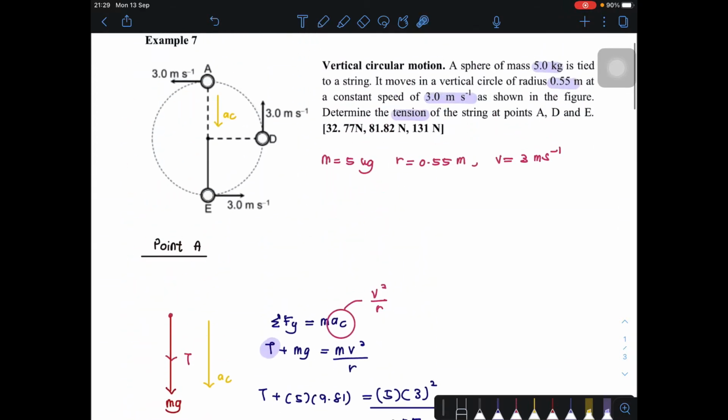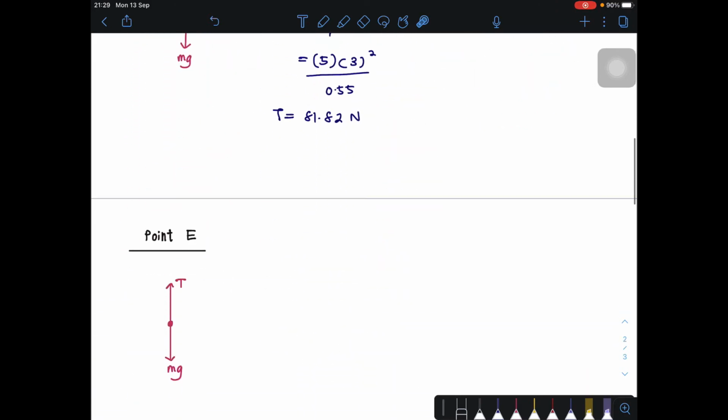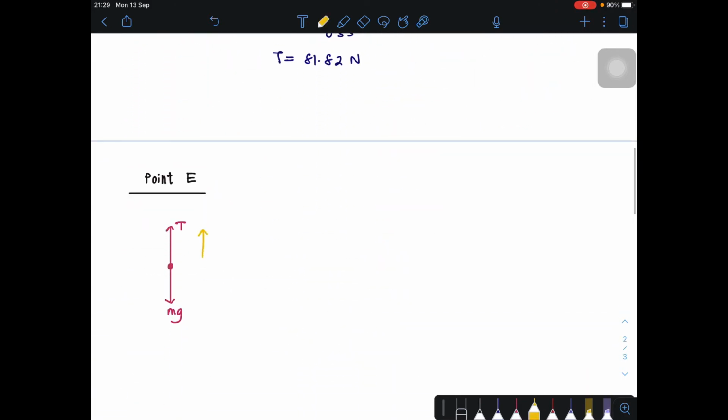Okay, this one here. So tension ni tadi kan, mesti away from the object. So that's why dia towards the center. And centripetal acceleration juga always towards the center. So here lukis di anak panah untuk AC.